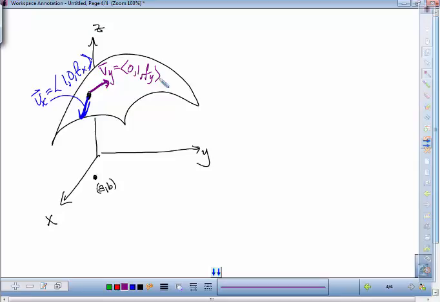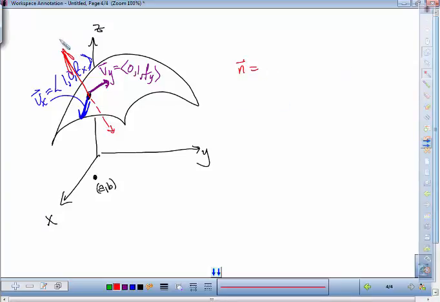And then if we cross it, we're going to get a normal vector. Now, depending on which way we cross it, we're either going to get this vector going up or the vector going down. It really doesn't matter which way we cross it. So let's cross it.